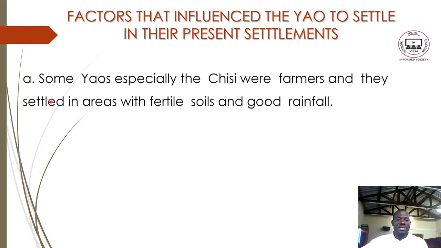Number one, some of the Yao, especially the Chisi, were farmers and they settled in areas with fertile soils and good rainfall. So farming was one of the factors that contributed to choosing a place. They wanted a good place with fertile soils as well as good rainfall.